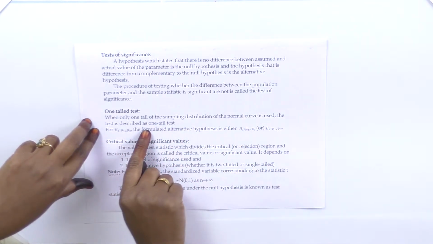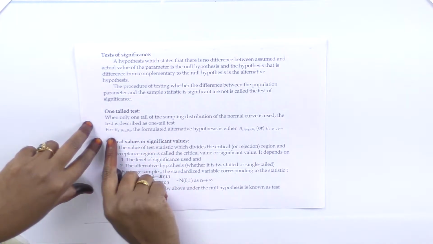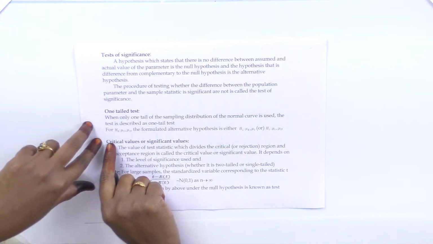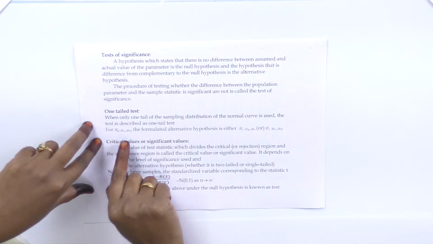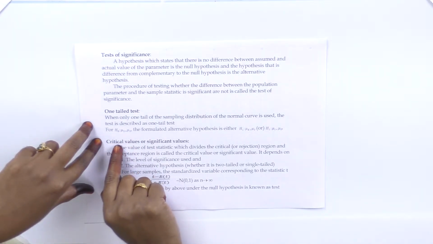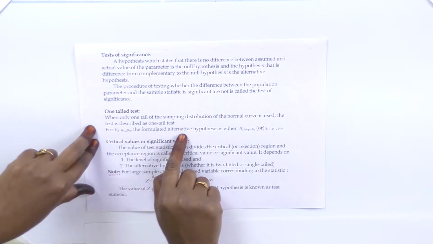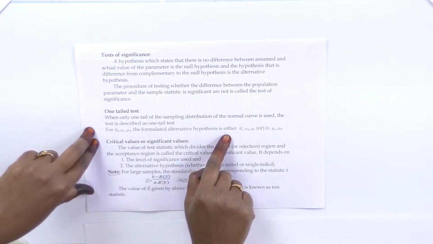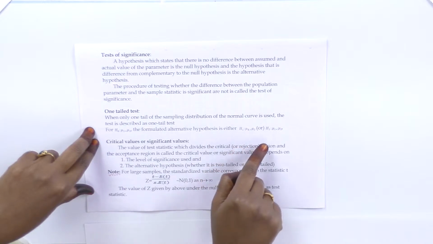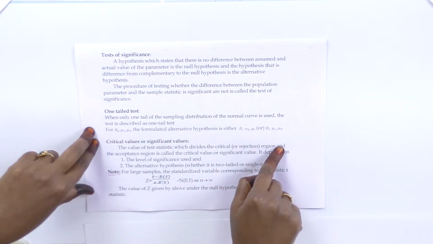The test is described as a one tail test. Here we assume the null hypothesis is that the mean values are equal, that is mu1 is equal to mu2, and formulate the alternative hypothesis as either mu1 is greater than mu2 or mu1 is less than mu2.